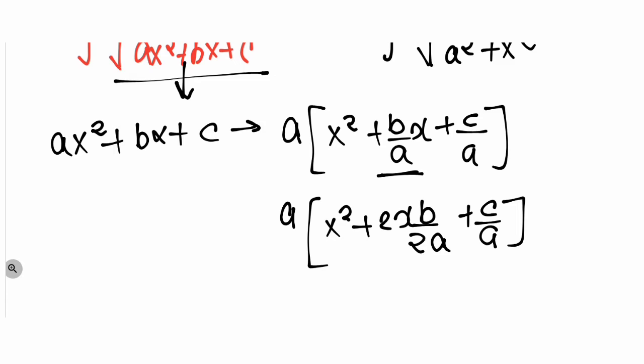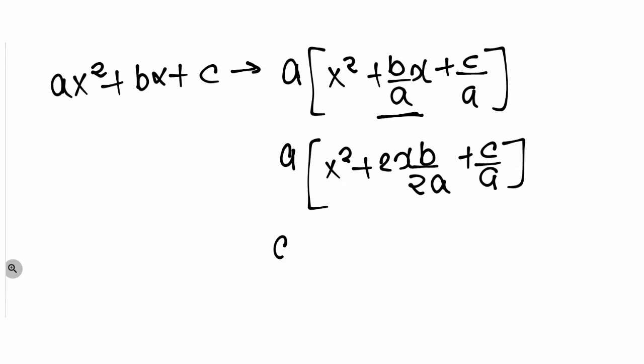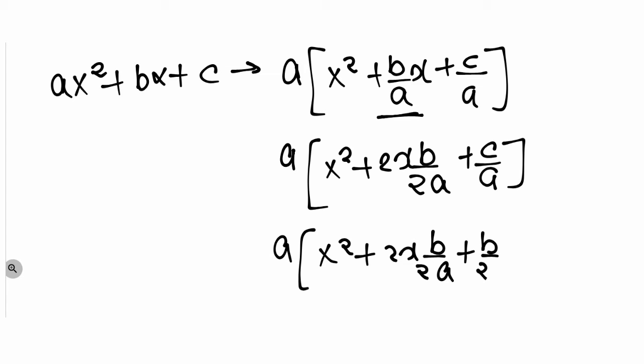Now what we'll do, we would write x square plus 2x into b by 2a, add b by 2a whole square, minus b by 2a whole square, plus c by a.